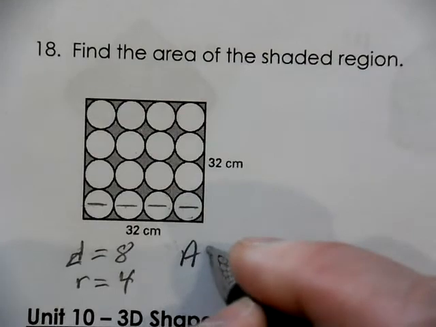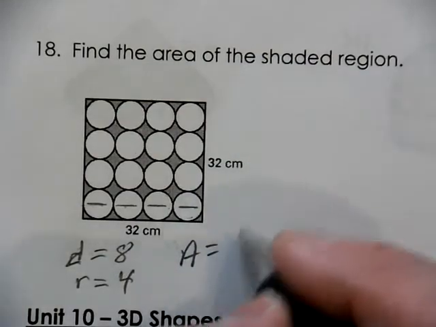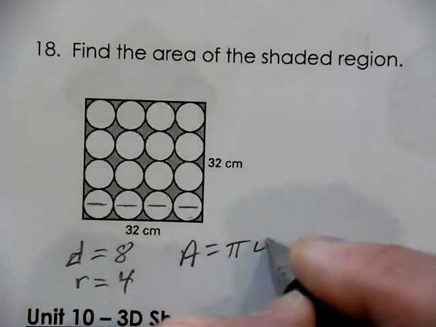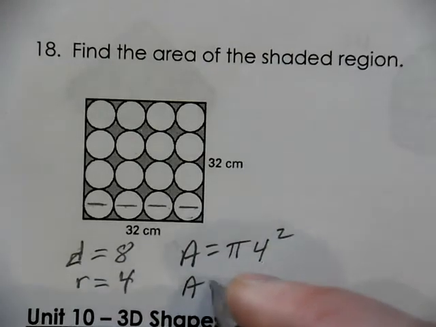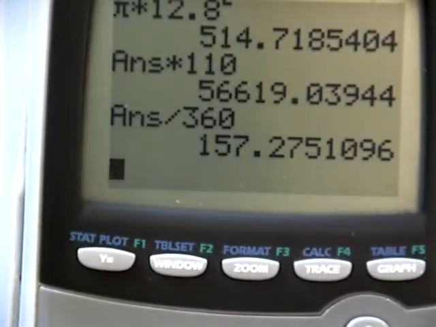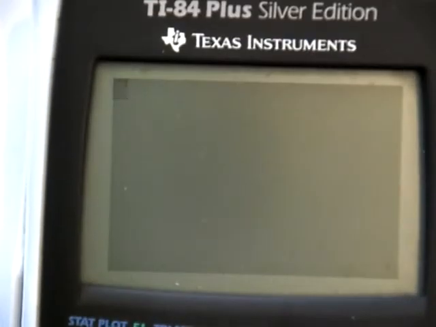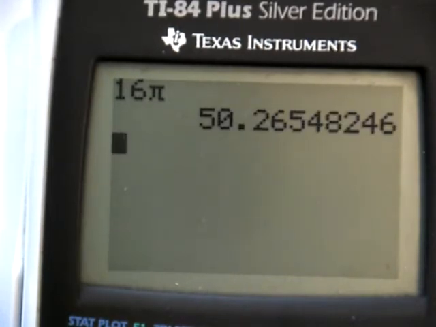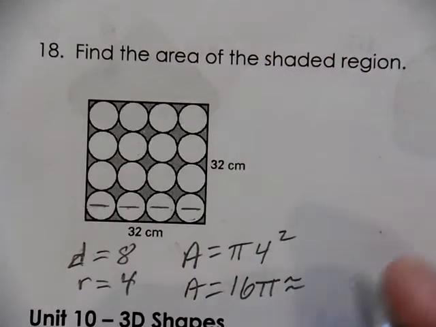That means the area of every circle is pi r squared. So that's approximately 50.27.